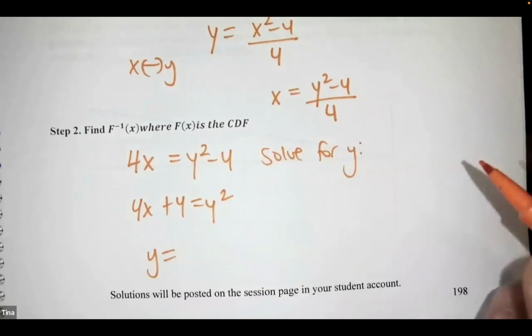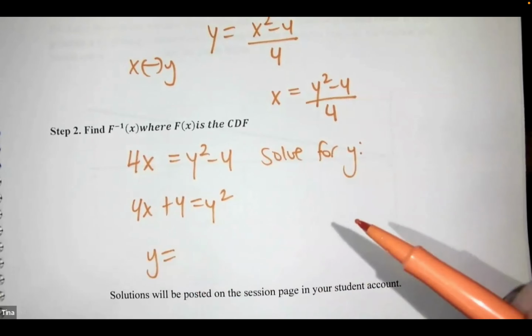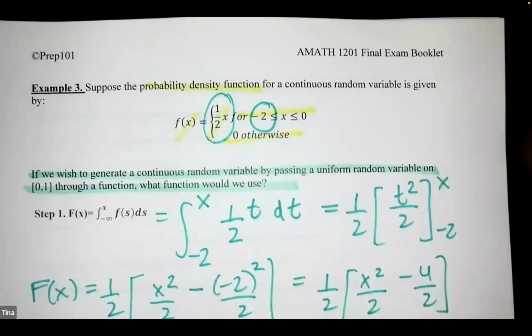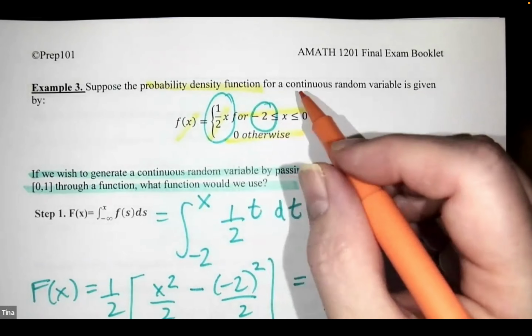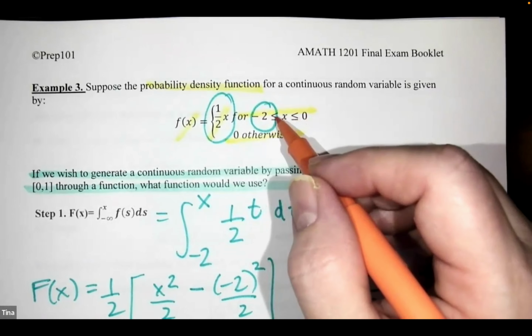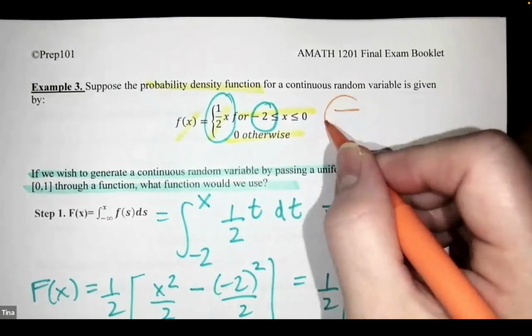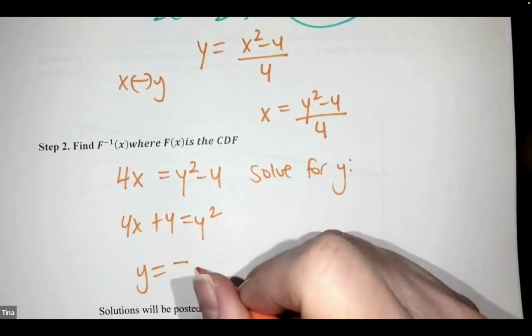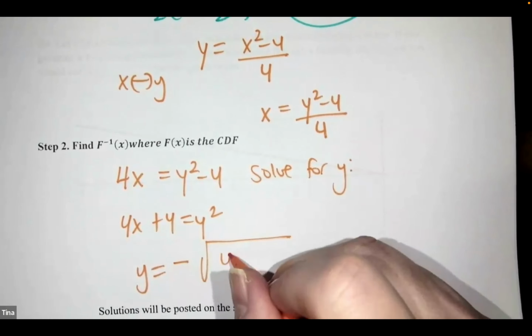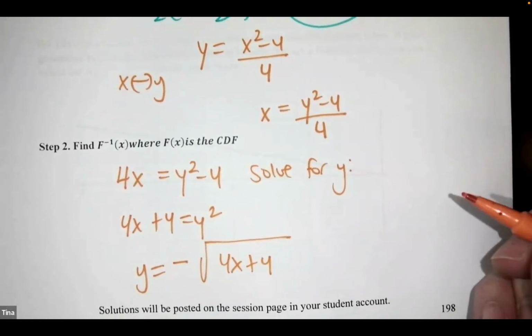And so y, well, y is either the plus or minus root. But remember, this function here was in the negative, right? If we were to look at this graph, it's in negative x's from negative 2 up to 0. So it's negative. So in this case, we would take negative of the square root of 4x plus 4.